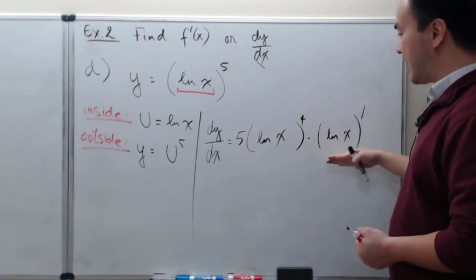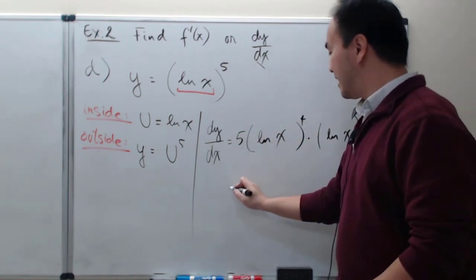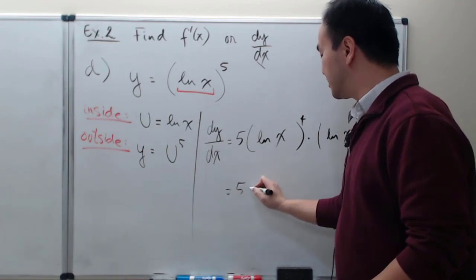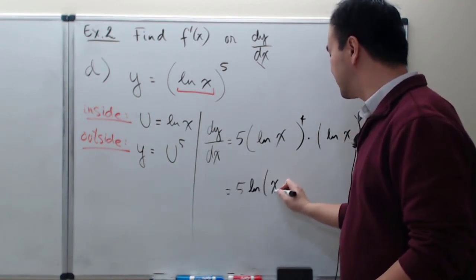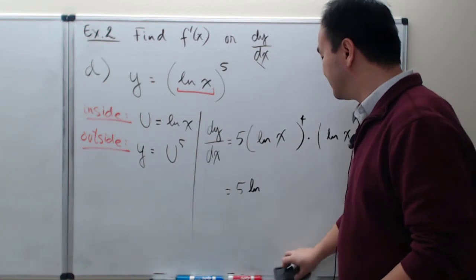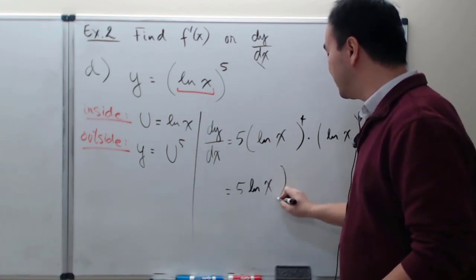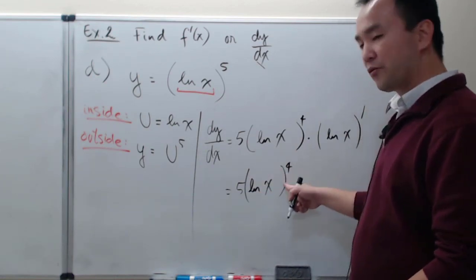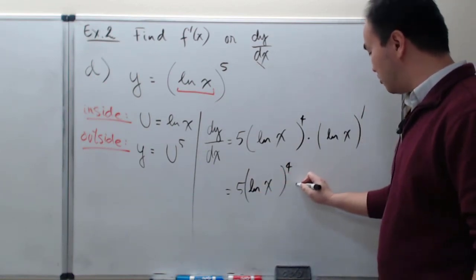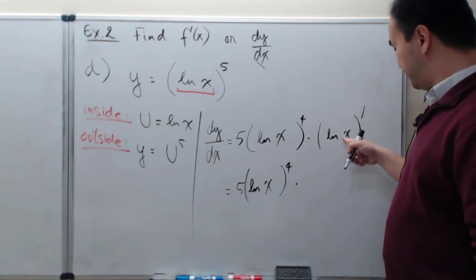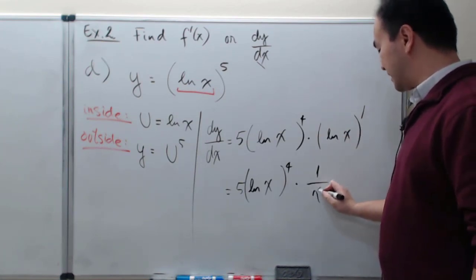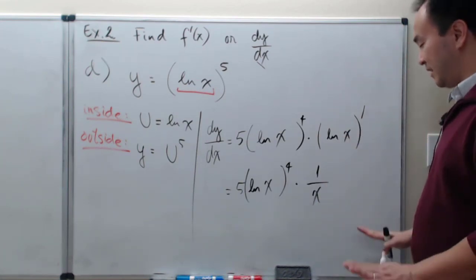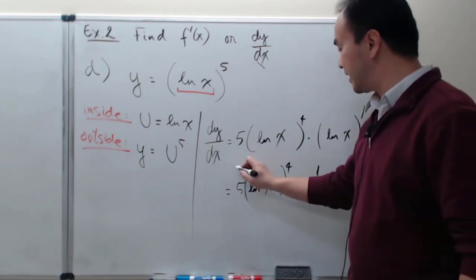So this is straight out from the chain rule, and now we're looking at 5 times natural log of x. Sometimes I don't have to be too picky about using parentheses. So natural log of x all raised to the 4th power, and now I'm going to multiply. The derivative of natural log of x is 1 over x. Okay, and here officially we're done with finding the derivative.